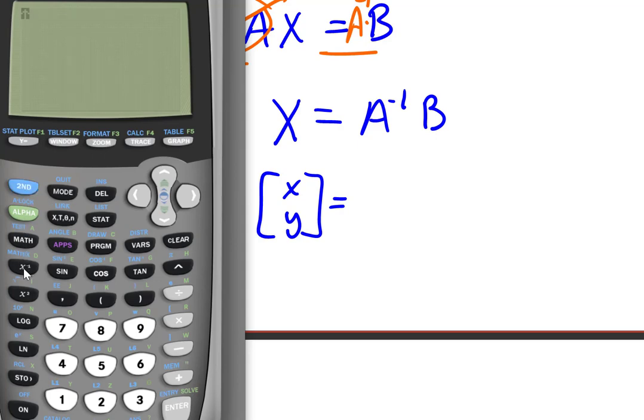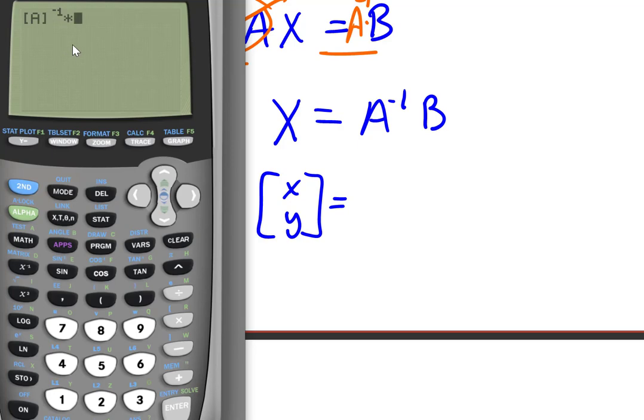We'll hit second matrix. We're going to find matrix A, but we're going to use this inverse key that has an x with a -1. If we hit that, it puts a little -1 in the top corner of the matrix A. Okay, that actually means A inverse, just like you see it when we write it by hand. That's what we want, but we want to multiply that by matrix B, so we'll do times, and then we'll do matrix.